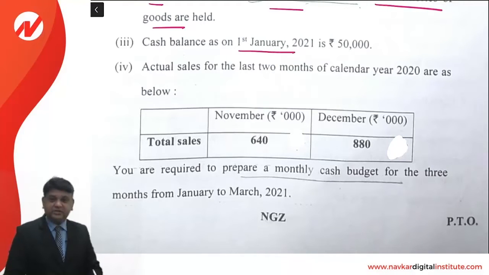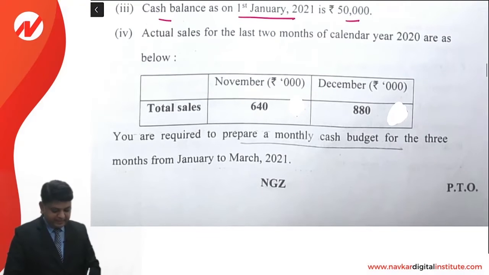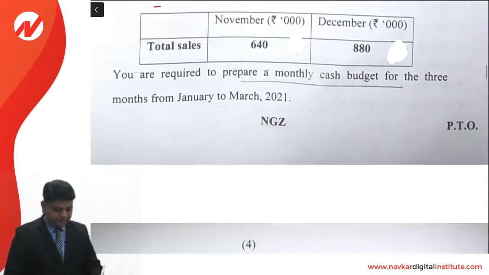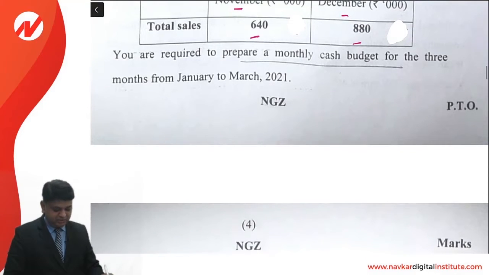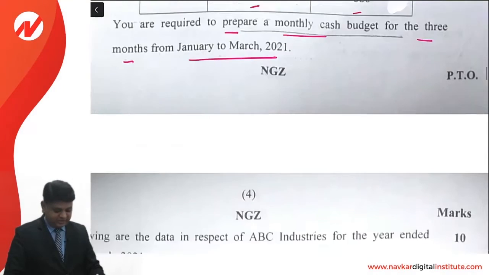On 1st of January 2021, cash balance is 50,000. Actual sales for the last 2 months of the calendar year 2020 are as follows. For November month and for December month, 6,40,000 and 8,80,000. You are required to prepare the monthly cash budget for the 3 months starting from January to March.